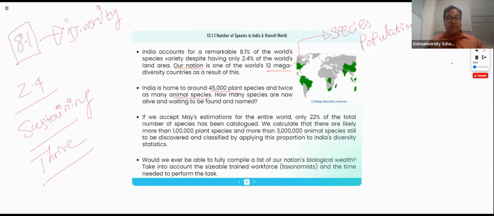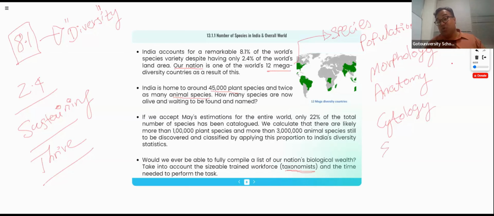Now, taxonomists are very curious in classifying plant and animal species based on many parameters, not only a few: not only morphology, anatomy, and physiology, but also cytology and embryology.